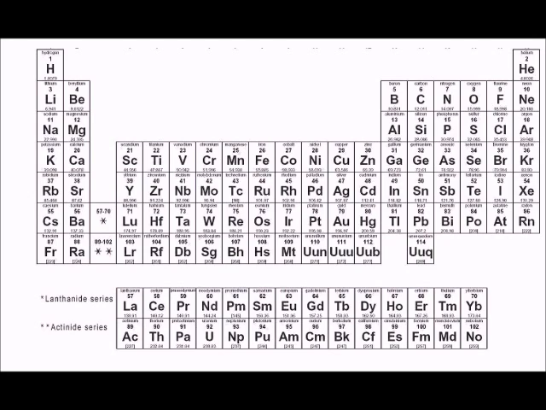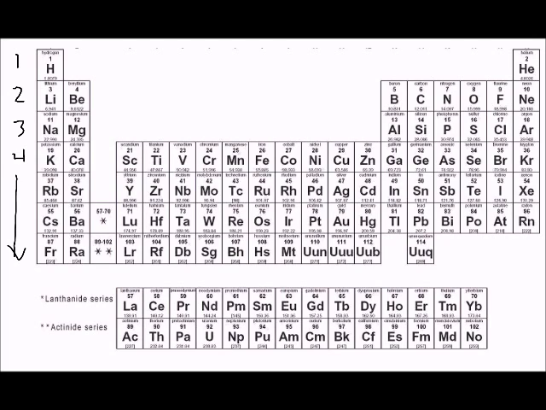So I want to bring up the periodic table here so that we can look at it for a second. If you take a look at this periodic table, let's look at where the n quantum numbers would be found. They would be found along the side, and a lot of periodic tables show this along the side here. 1, 2, 3, 4, going down, etc. as you go down the table.